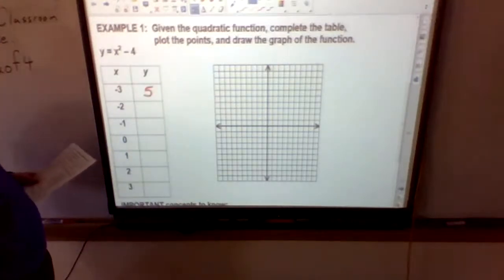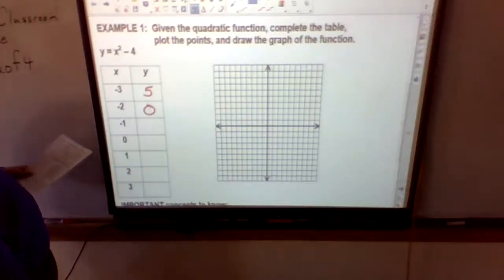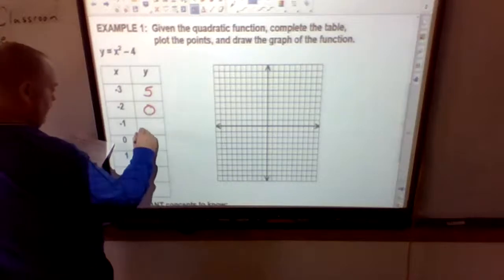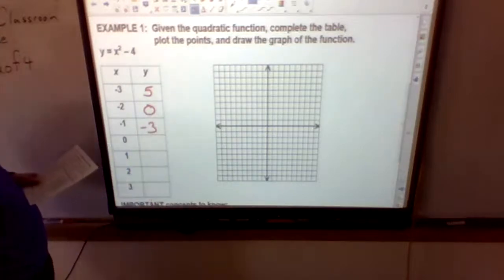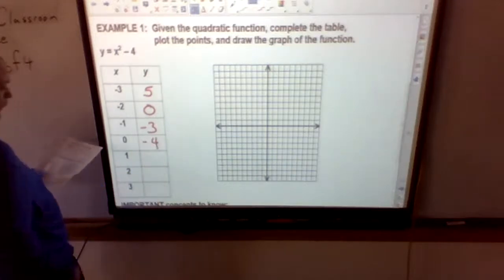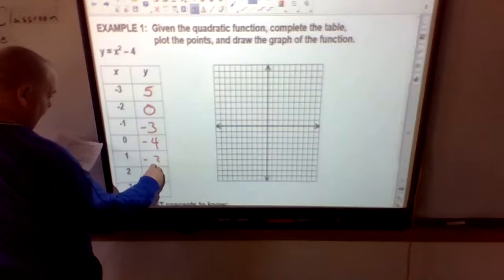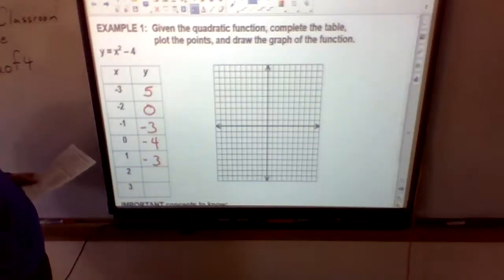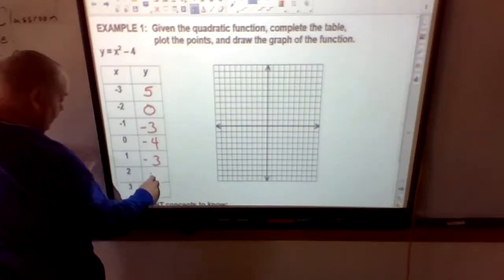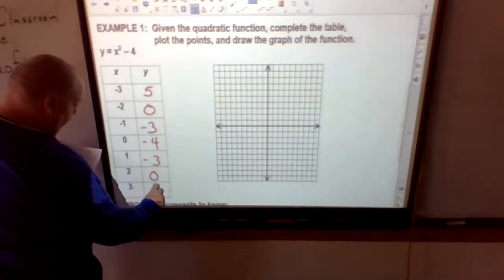Negative 2 squared is 4, minus 4 is 0. Negative 1 squared is 1, minus 4 is negative 3. 0 squared is 0, minus 4 is negative 4. 1 squared is 1 minus 4, which is negative 3. 2 squared is 4 minus 4 is 0. And 3 squared is 9 minus 4 is 5.